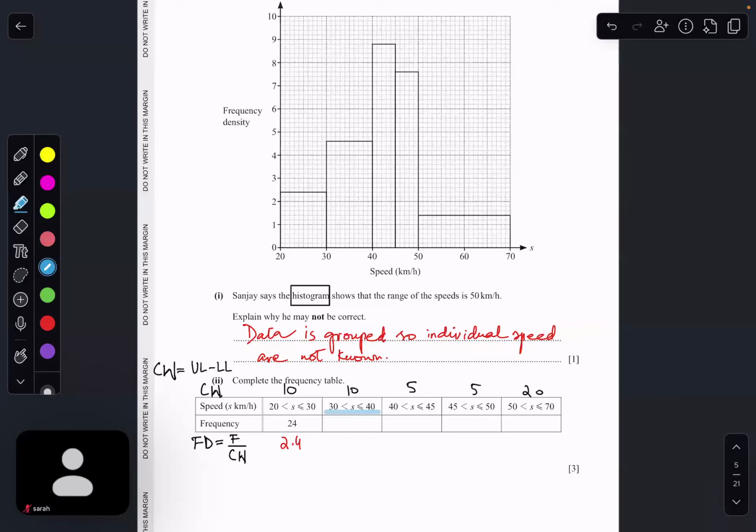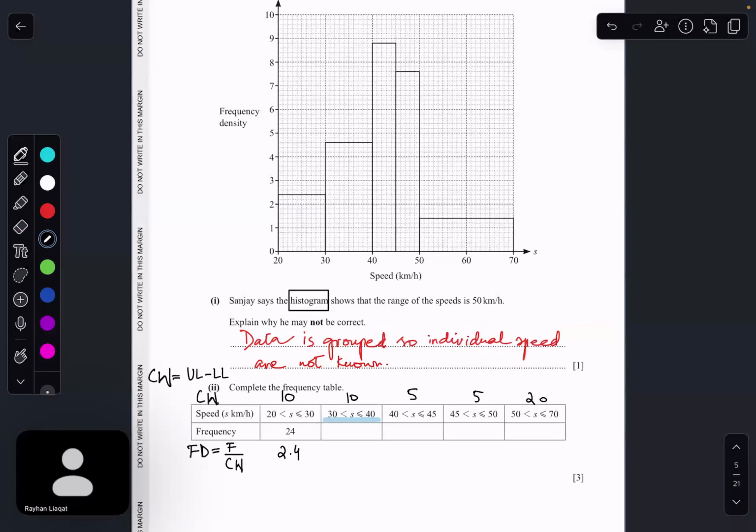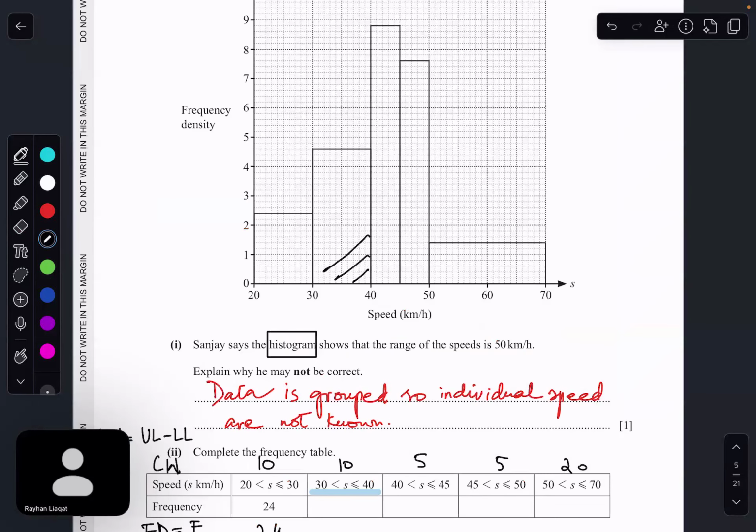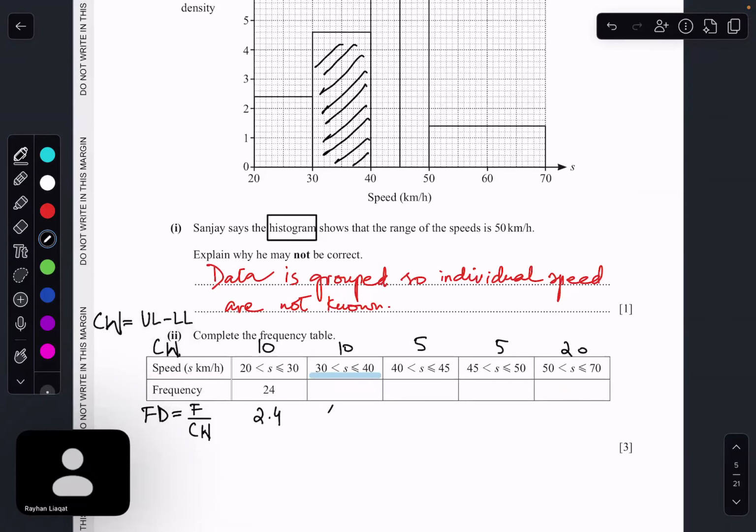Rehan, do we have the frequency density for the class interval 30 to 40? Is there any bar representing any data? Which is from 30 to 40. This bar over here, 30 to 40, you have to look at the height of it. The height is 4.6. So your frequency density is 4.6.